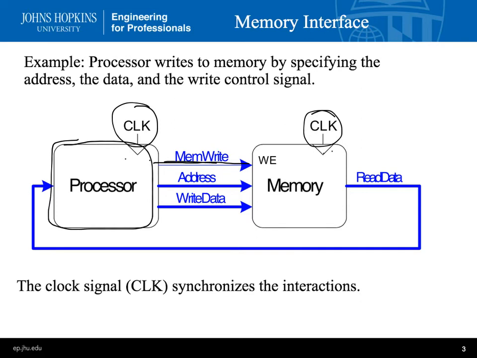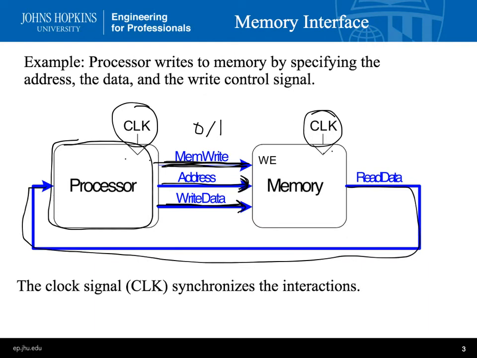This is going to be a bit that says whether we're writing. That's going to be a 0 or a 1 control signal to let it know whether it's a write or a read. This is going to be the address in memory that we're interested in. If we're writing, the data will come across a bus. If we're reading, the data will go from memory to the processor.